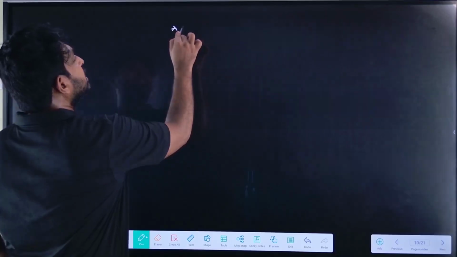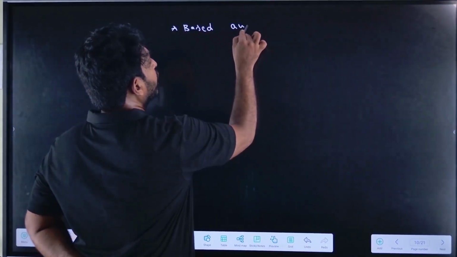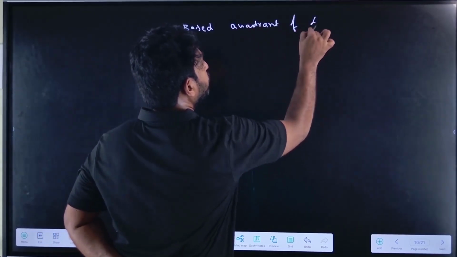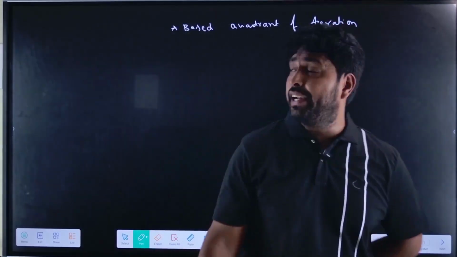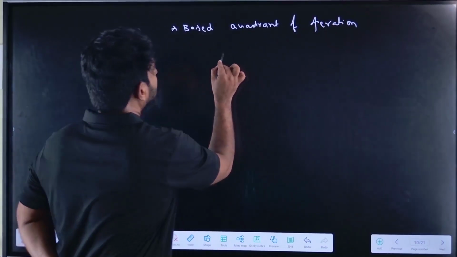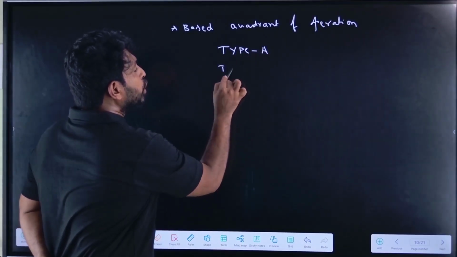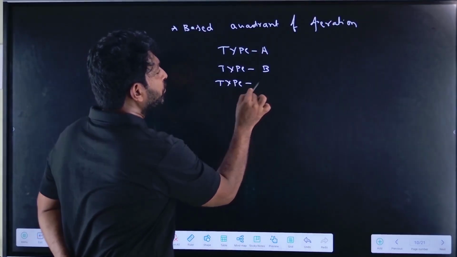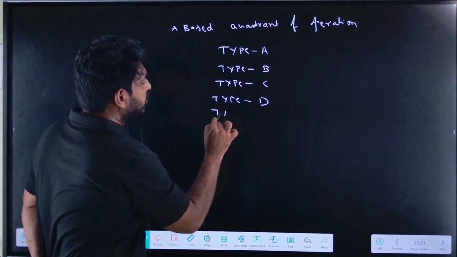The next classification is based on quadrant of operation. The DC to DC converters are classified into type A chopper, type B chopper, type C chopper, type D chopper, and type E chopper.